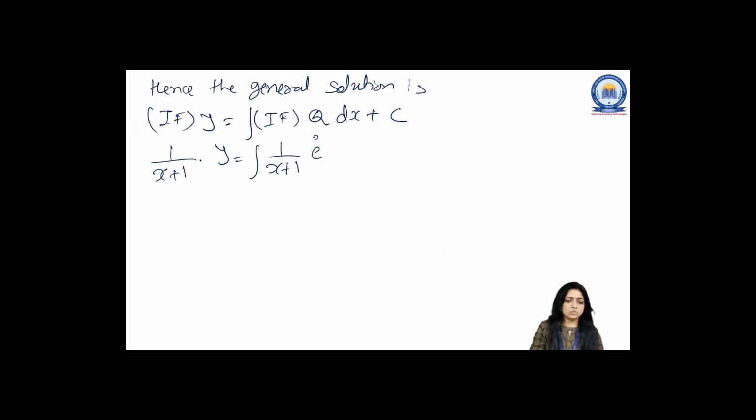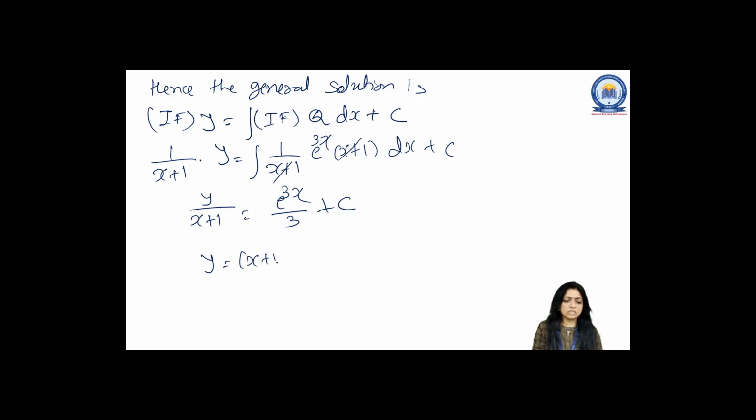So 1 upon x plus 1 into e raised to 3x into x plus 1 dx plus c. Both will be cancelled. So here y upon x plus 1. Integration of e raised to 3x is e raised to 3x by 3 plus c. So you may write y is equal to x plus 1 and in the bracket e raised to 3x by 3 plus c. So this is the required solution of the given differential equation.